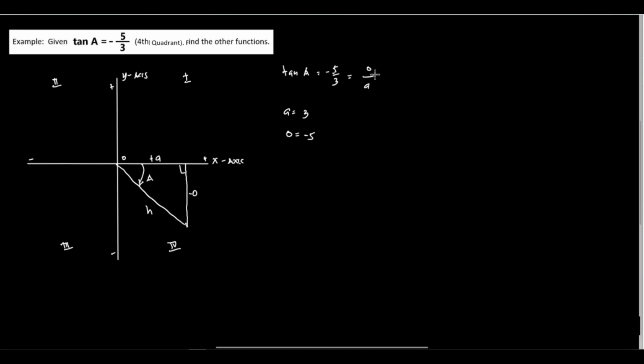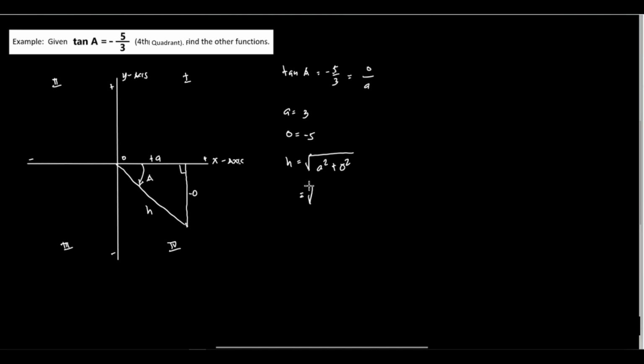So we identify the value of O, the opposite side, that's -5, and A, that's 3. And we will find the hypotenuse using the Pythagorean theorem, which is the square root of a squared plus o squared.